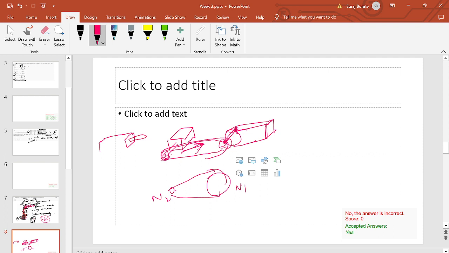So there is a shaft of the motor like this, inside this entire casing. So this can rotate along its axis.